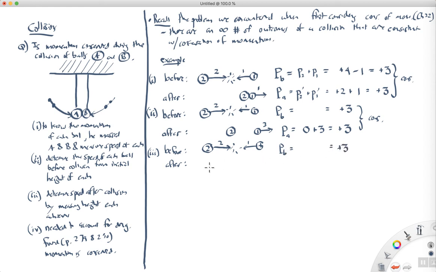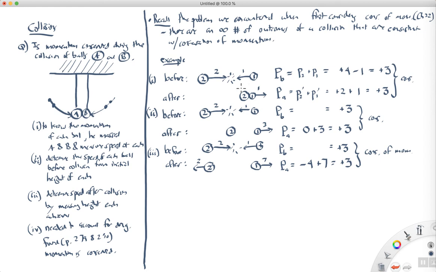And then let's say after the collision, ball 2 is moving leftward with the speed of 2, and ball 1 is moving rightward with the speed of 7. Well, what's the momentum of the system after the collision? This one has a momentum now of -4, and this one has a momentum of +7. So once again, we have a momentum of 3, and momentum is conserved.